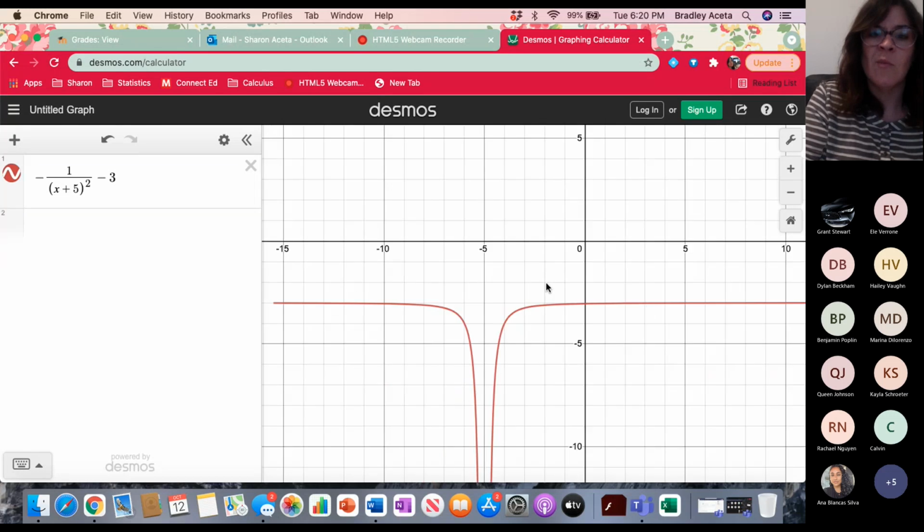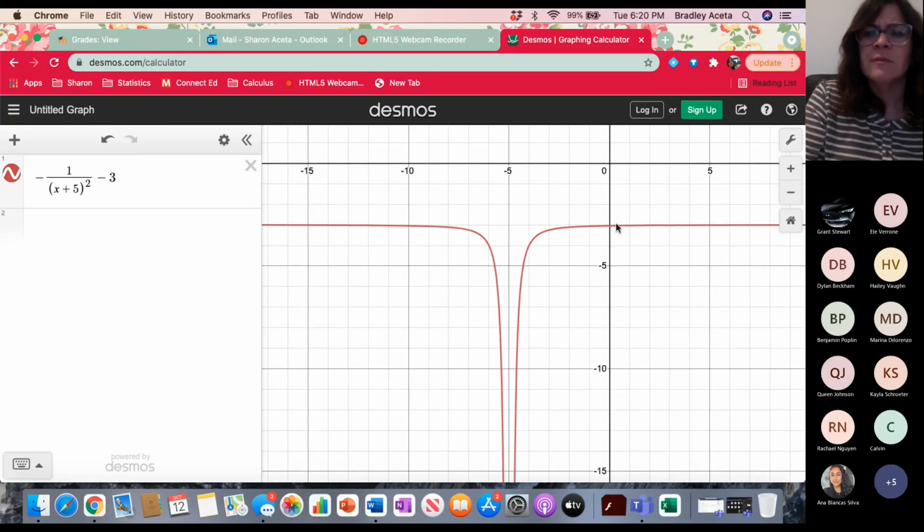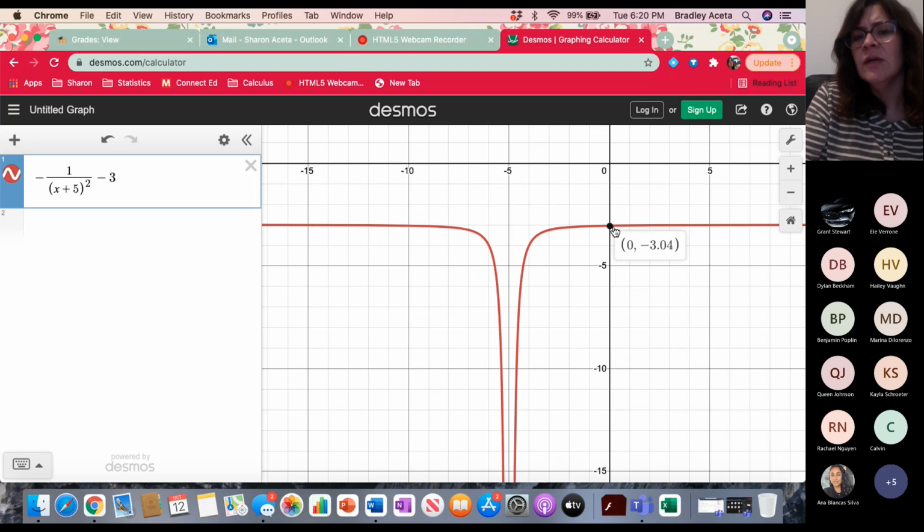Ooh, there we go. But this is at the point -3.04. But this is getting really, really close to the line -3, to the horizontal line of -3. And then this one, look, there's -5 right there. And that thing is volcano right down into it.